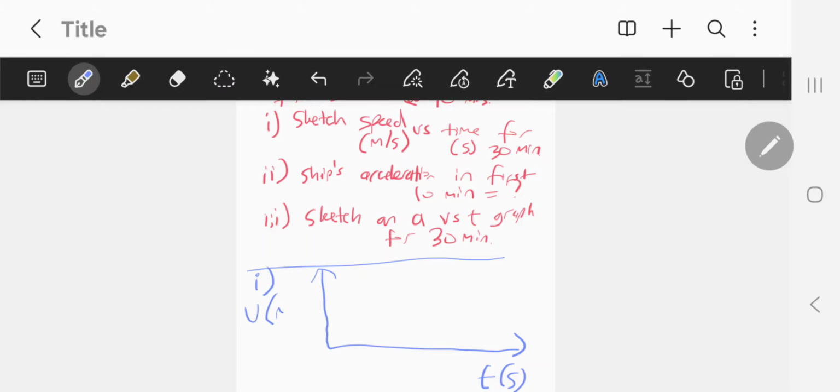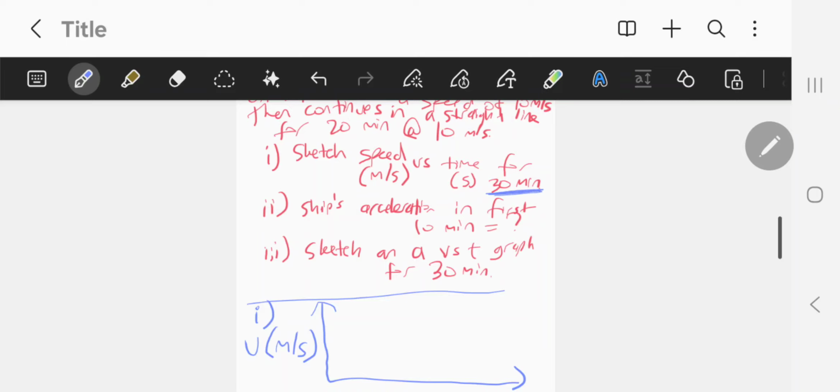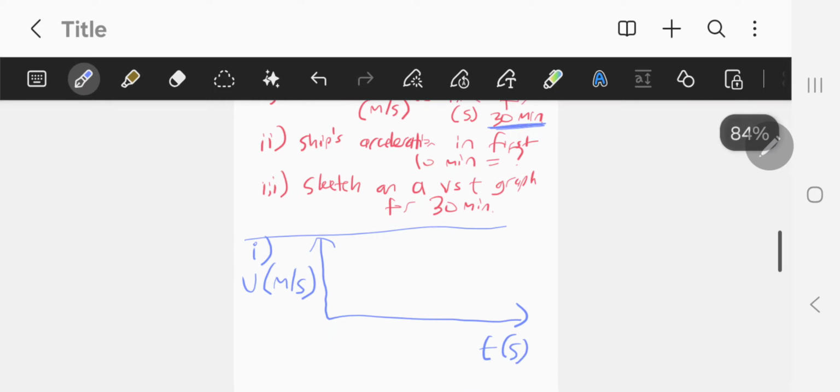Speed is v, measured in meters per second. Now we need to convert, because it says 30 minutes but it has to be in seconds. To go from minutes to seconds you multiply by 60, so there are 1800 seconds in 30 minutes. So on the x-axis for time, 600, then 1200, then 1800.